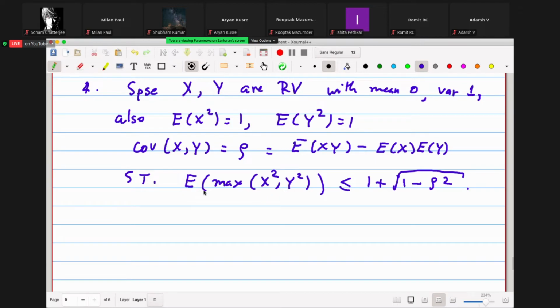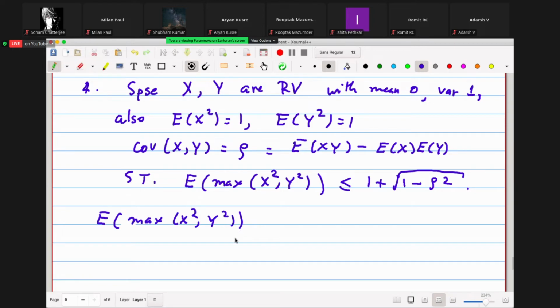When you are interested to compute this, it will naturally involve computing expectation of maximum of x square and y square.